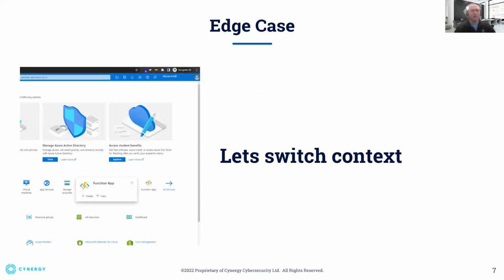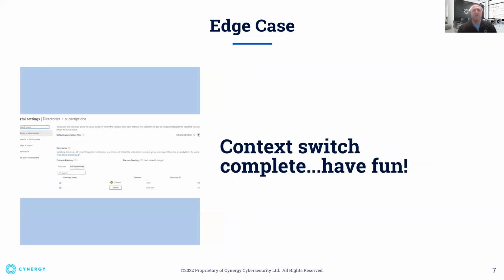So I signed into the Azure portal, and one of the cool things about the Azure portal is that you can switch context between different directories of the organization. Once I had the multi-factor authentication established, I discovered that I had the ability, as part of the directories and the subscriptions of Azure, to switch the context.